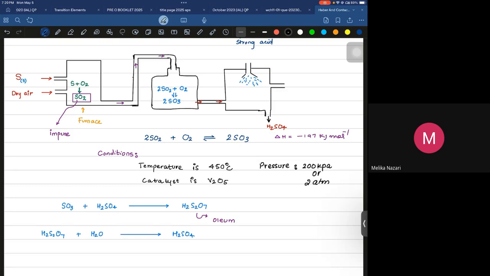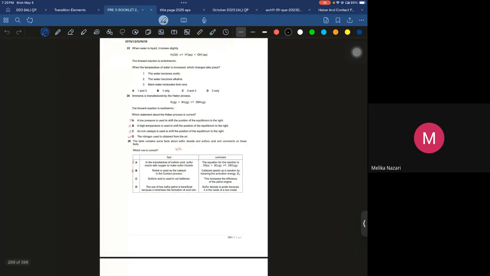So these are the two very important processes named the contact process and the Haber process.